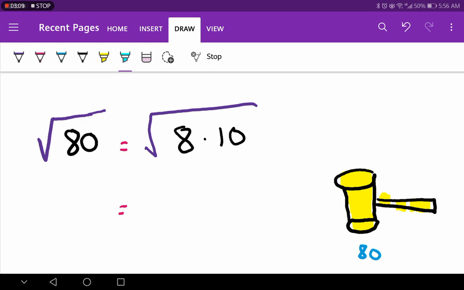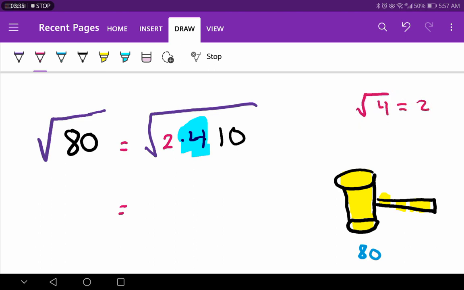So I go to the 8 and break it again. If I break the 8, I will break it to 2 and 4, because the 8 comes from 2 and 4. Now I found my treasure, the perfect square number, which is 4. And radical 4, as you know, gives me 2.